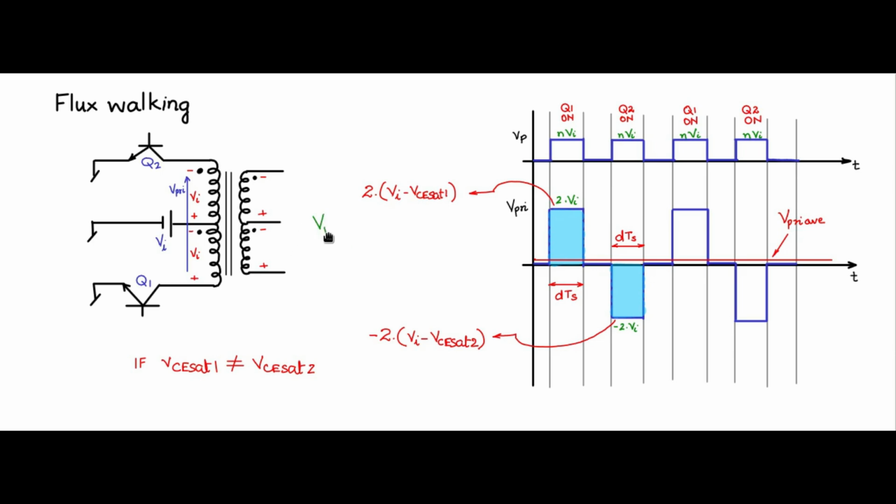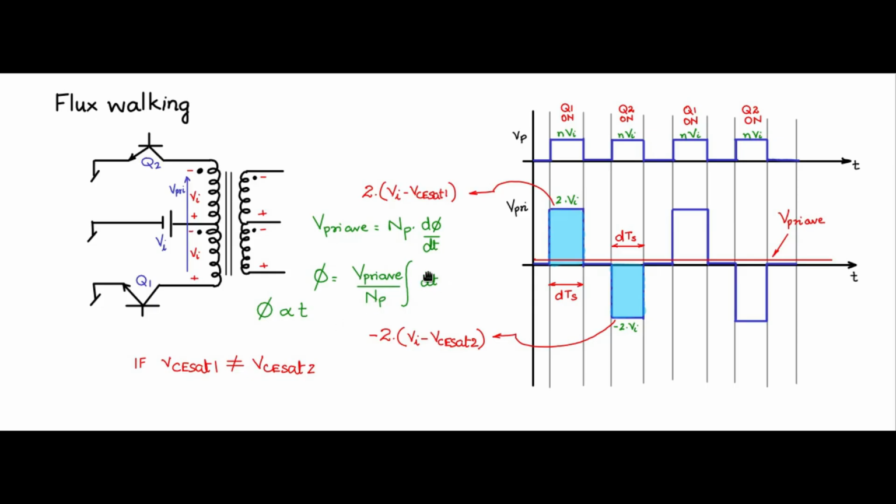That is because from Faraday's equation, V primary average equals NP, considering the number of turns NP for the whole primary, d phi by dt. This is Faraday's law. So what is flux? Flux is V primary average, which is a constant DC, divided by NP, times the integral of dt, which means that phi is proportional to t.